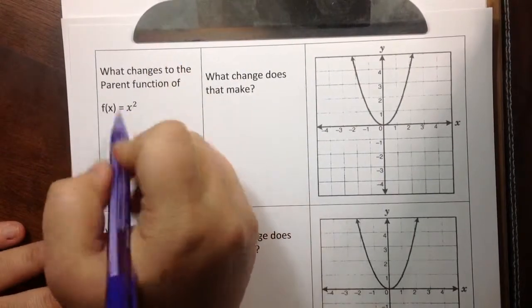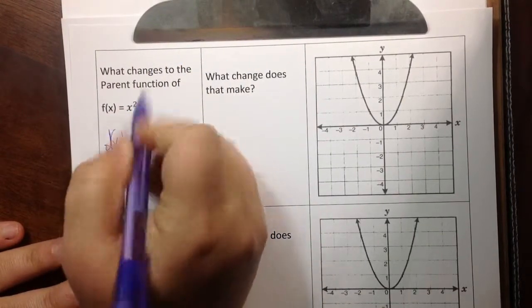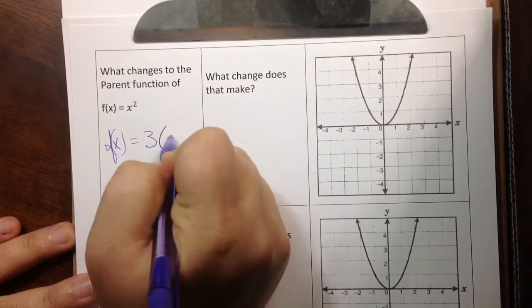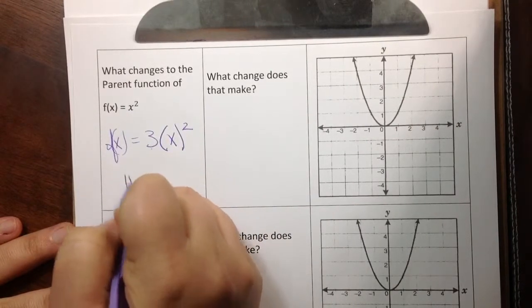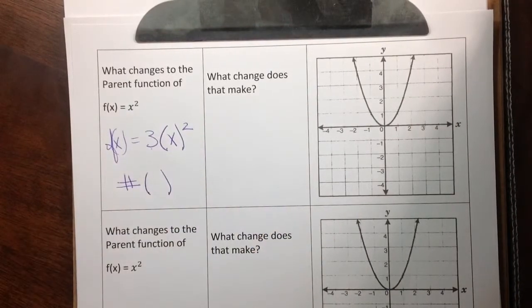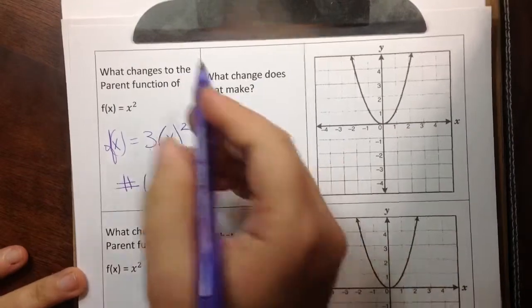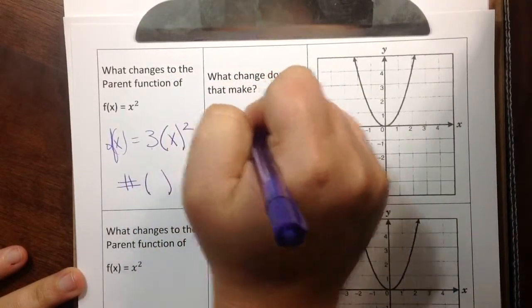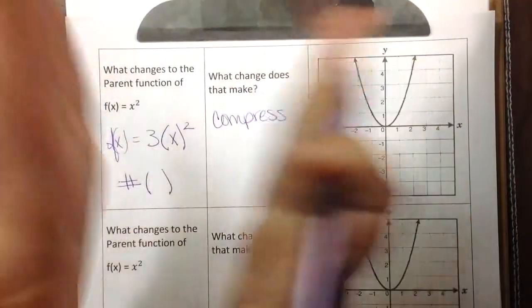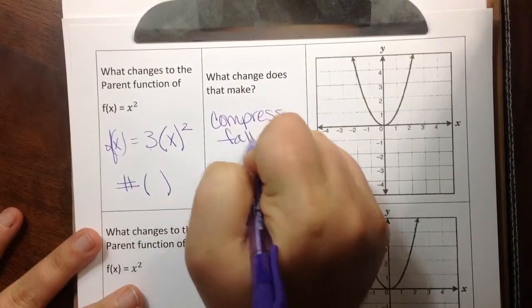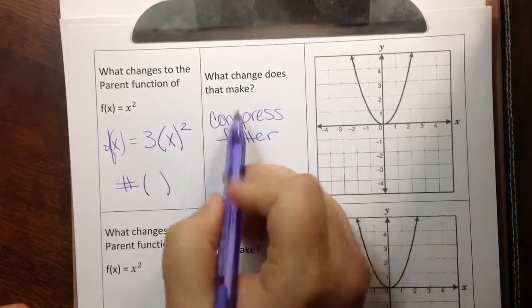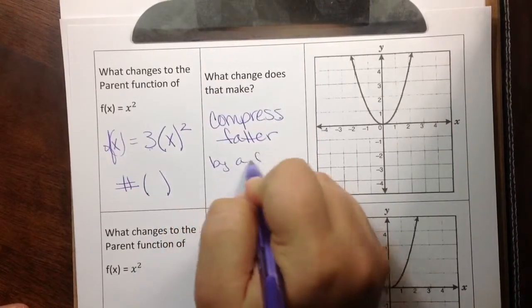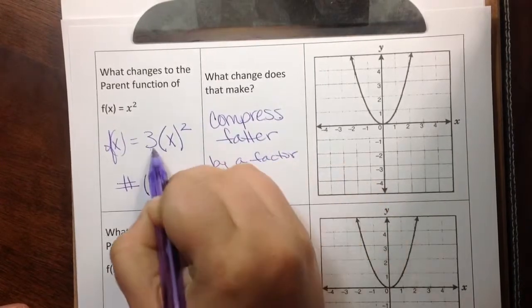All right, now let's talk about a parent function when I all of a sudden throw a number in front of it. So when I have a number in front of the parentheses, okay? A number in the front of parentheses will do what is called compress. When I compress something, I squeeze it together. So it's another nice way to say that you're going to make the graph fatter, okay? So in this case, we're compressing it by a factor of whatever the number is here.